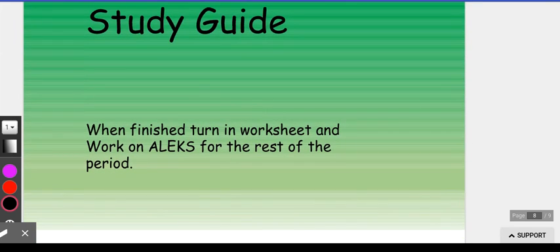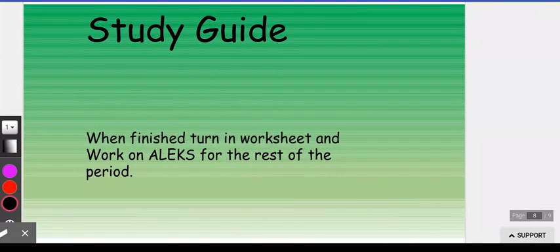So right now we're going to be working on the study guide. Here's the thing: you are not doing numbers 1 to 6. On each side, start with number 7, and you'll see what I mean when you get the worksheet. So you're basically doing 7 to 12 on the front side, 7 to 12 on the back side. Make sure you are checking your answers.